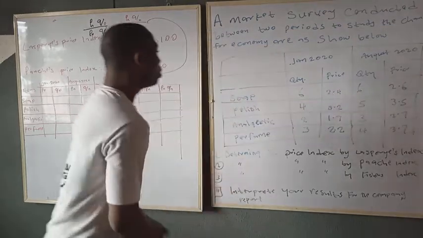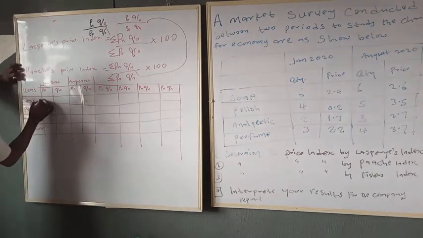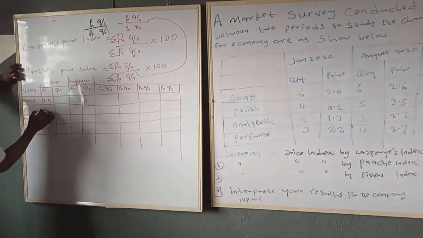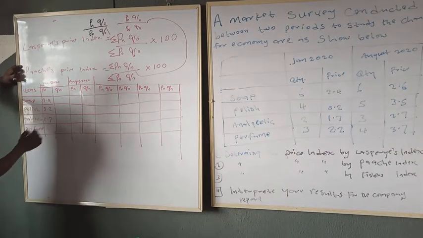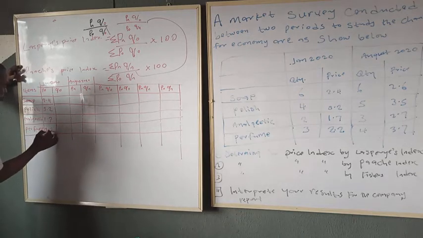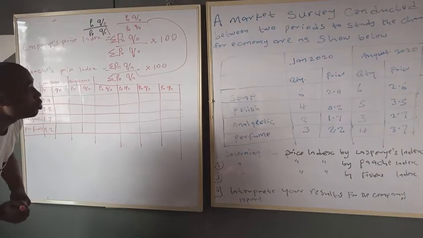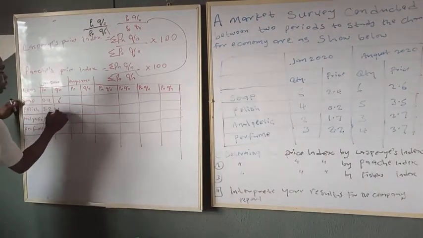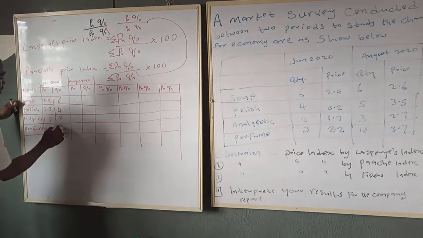So we have for the soap 2.4, for the polish 3.2, for the analgesic 1.7, and for the perfume 2.2. Then for quantity, that is the quantity of the previous month, we have 6 under soap, 4 under polish, 2 under analgesic, and 3 under perfume.